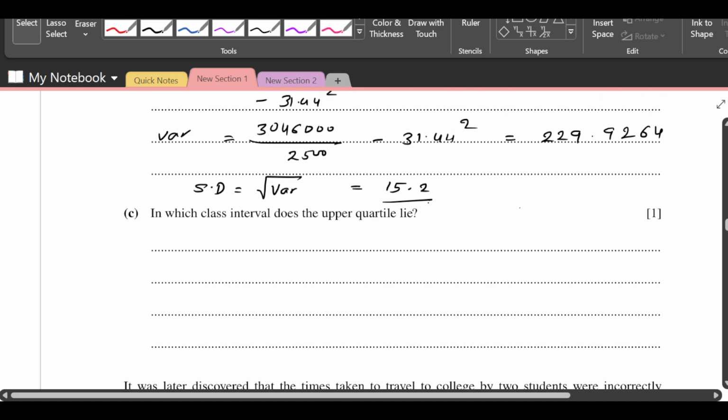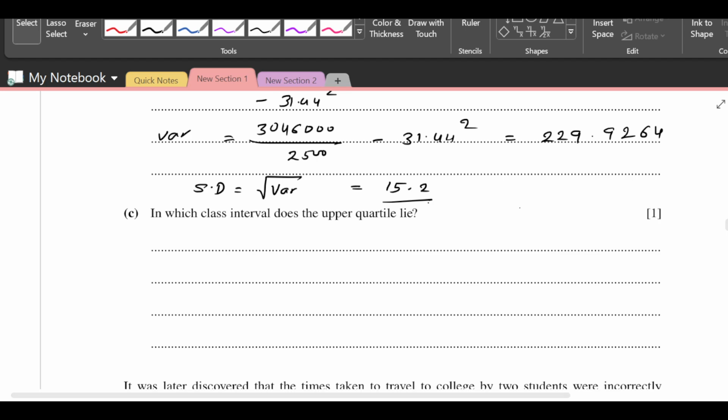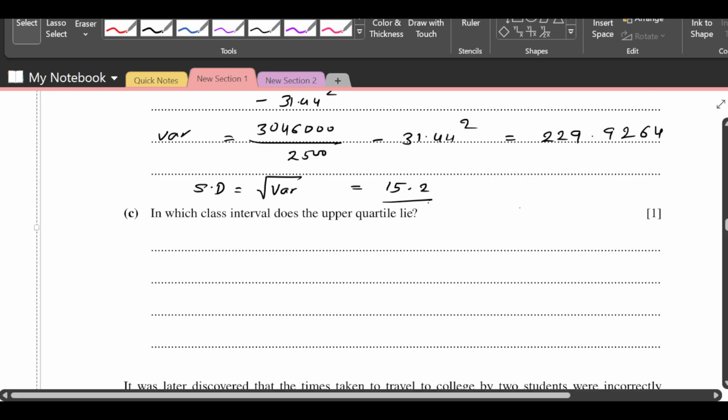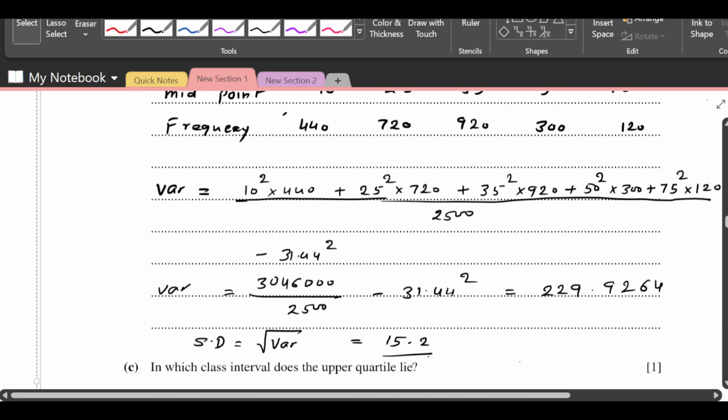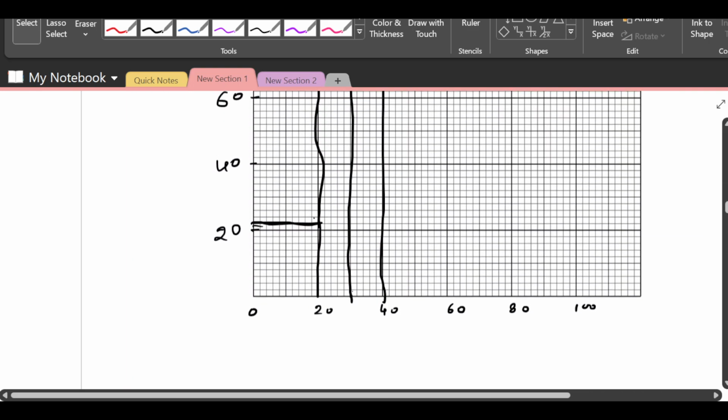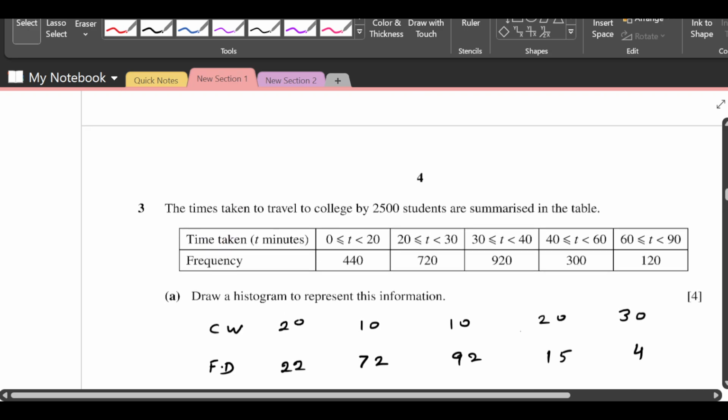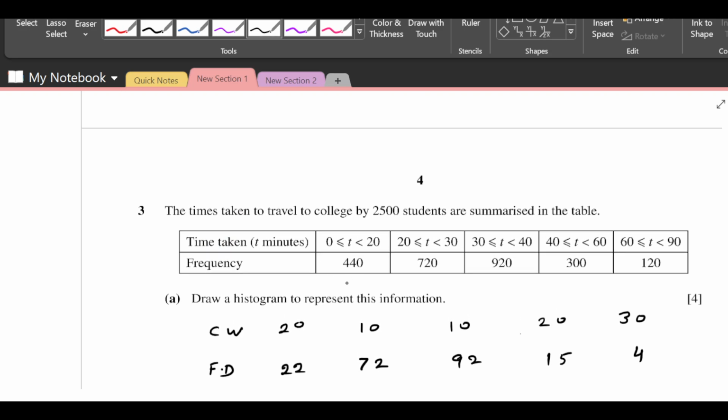Now, in which class interval does the upper quartile lie? So for that, we will find the cumulative frequency here. These frequencies we add, so this is 440.